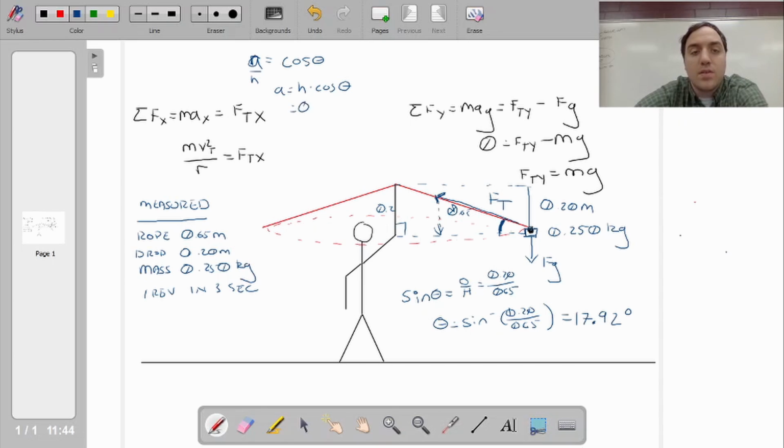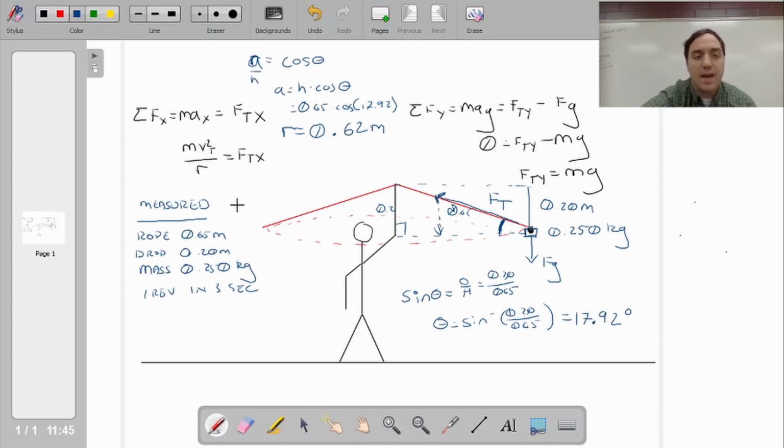My hypotenuse is 0.65. My cosine of my angle is at 17.92. So my radius in this case is 0.62 meters.